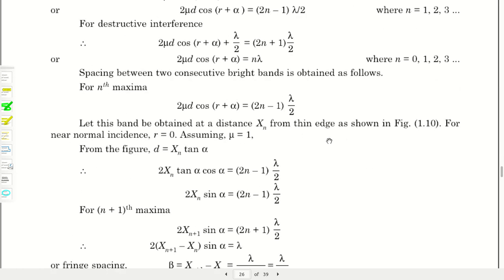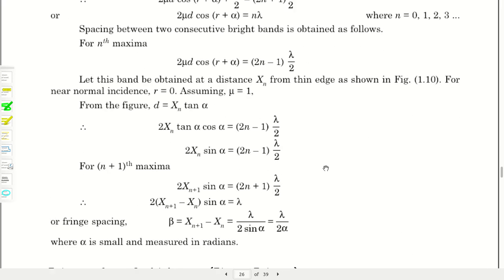For the nth maxima, and for a very simple case, we can find here the fringe width. We can find fringe width by taking some assumption, that is we are dealing with those rays which are incident normally on the surface. From here the assumption begins.